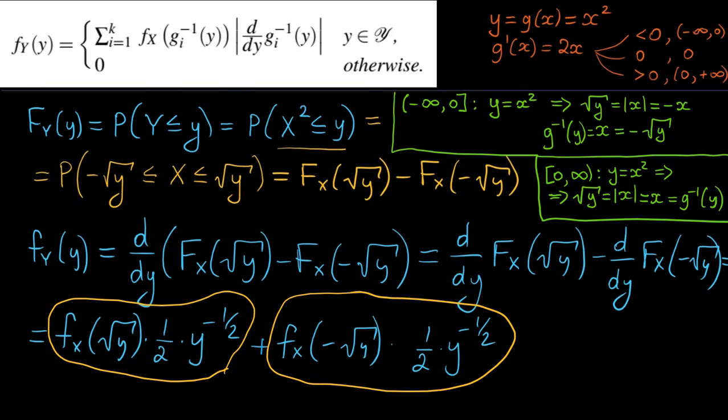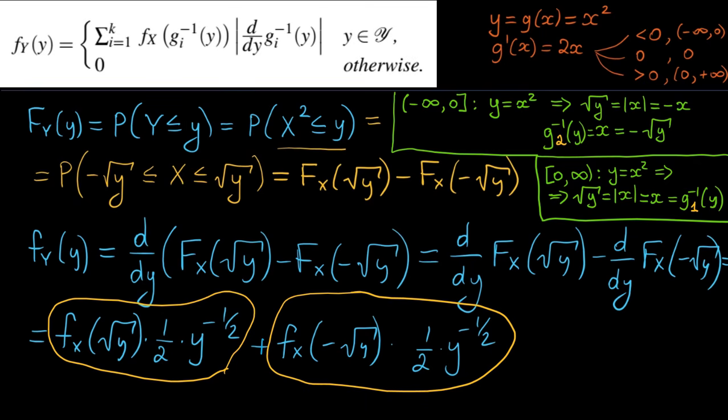Now if we look a little deeper into this formula, we see that there's the PDF of x there, evaluated at the inverse of the function g_i. To see this more clearly in our example, let us put a subscript of 1 here and a subscript of 2 there.